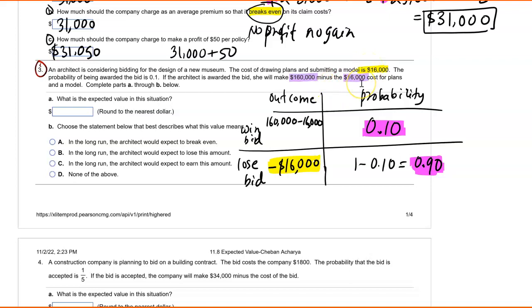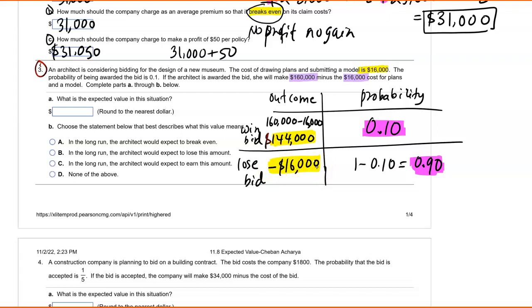Therefore, you have to subtract that to get $144,000. That's the outcome if she wins the bid. If she loses the bid, the outcome is negative $16,000. Does that make sense?